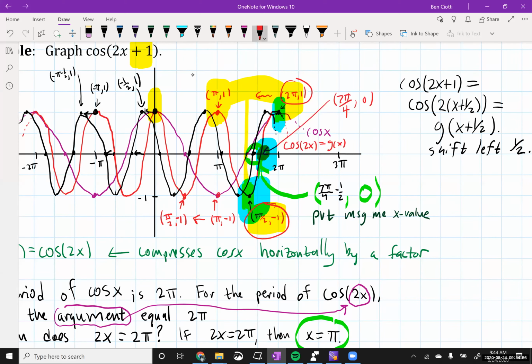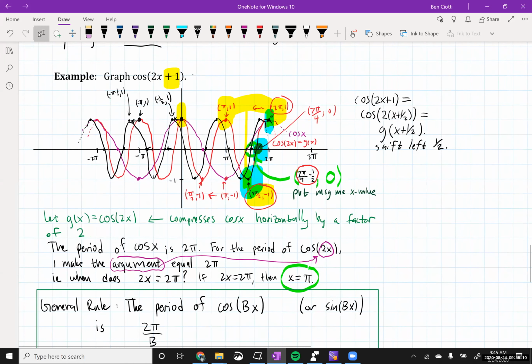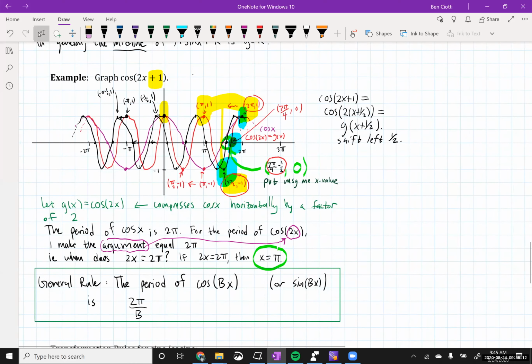Yeah, that's a tough one, huh? So this was deliberately meant to be a hard problem, by the way. I know people like me to do harder examples in lecture, so I try to mix it up, do easy and hard.